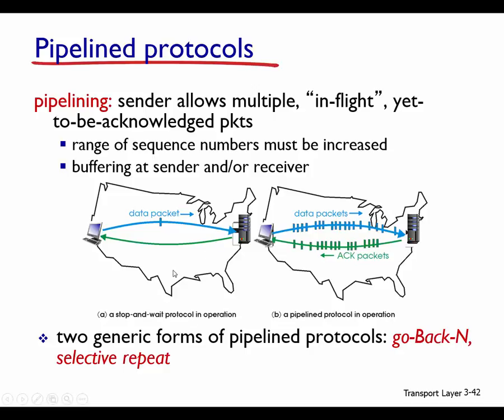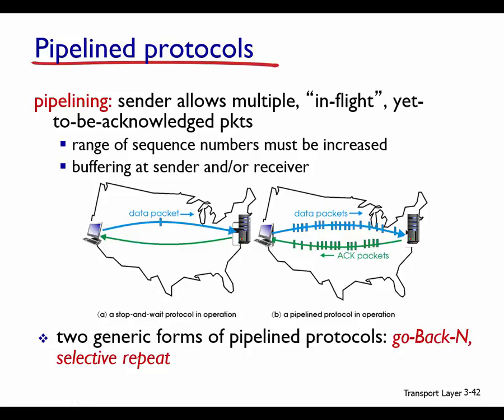This is called a stop and wait protocol. A stop and wait protocol is very inefficient for a long distance connection, because you're going to have a very long round trip time. You basically just send one packet at a time and wait for that acknowledgement to come back.